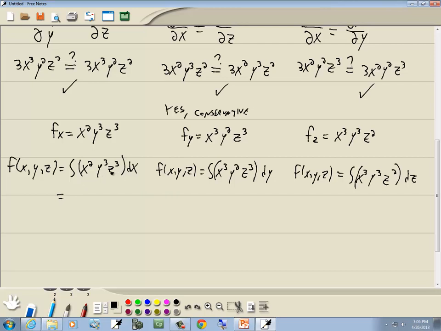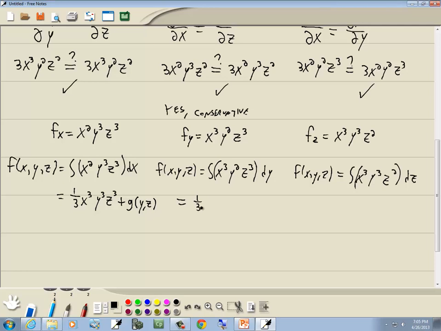So the integral of x squared gives us 1/3 x to the third y to the third z to the third. And before we put K here, but now we'd put a function, I don't know, g of y, z. I'm trying to remember the notation they use in the book. But then here I'll take the integral with respect to y. Again, the y squared, you add 1 to your power and divide by the new power.